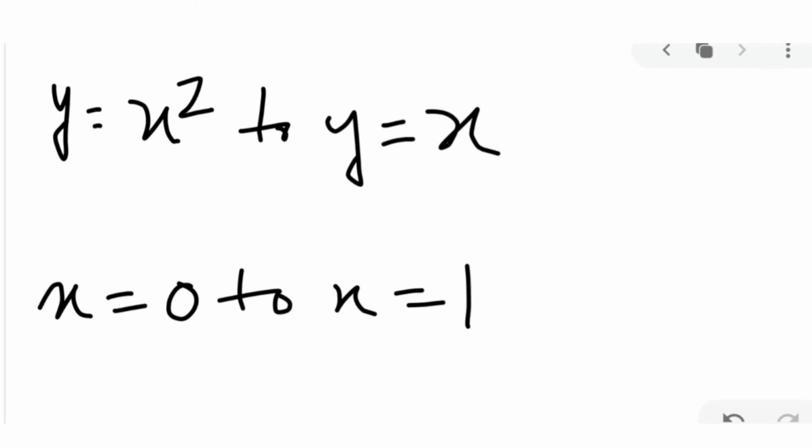From this we can plot the graph and identify the strip which was taken in the question previously, and then we will alter or change the strip. Like if a horizontal strip is taken, then we will take the vertical strip, and if a vertical strip is taken, then we will change it to the horizontal strip. So let's see what happens. Let us plot the graph in the next slide.